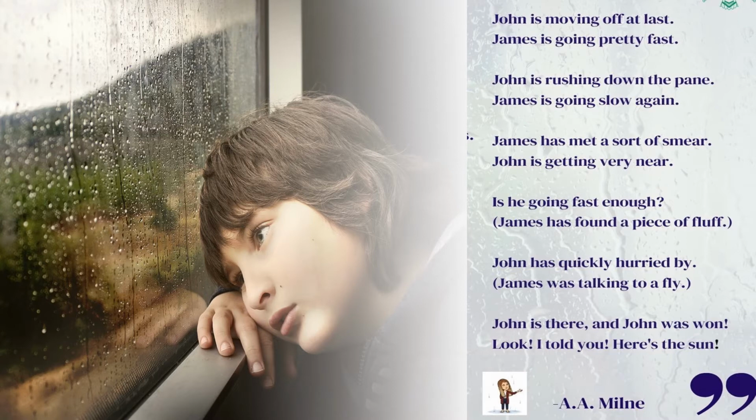I have recited the poem for you all. Please read it the way I did, and also frame sentences for these words that I'm telling now. Once again, children, listen carefully.